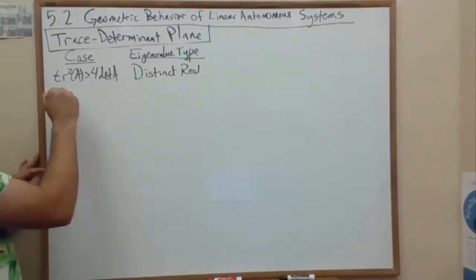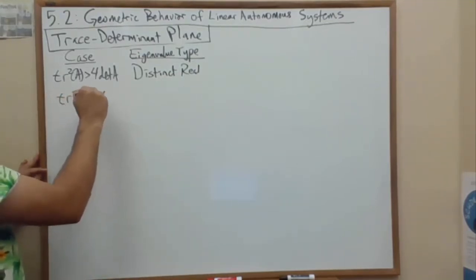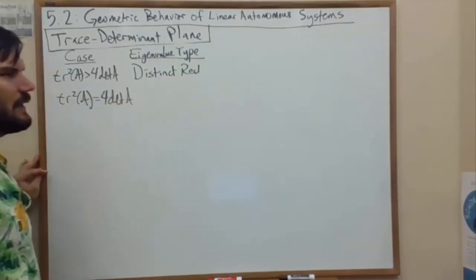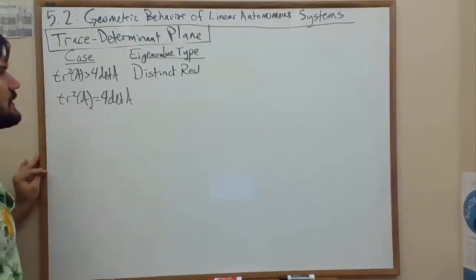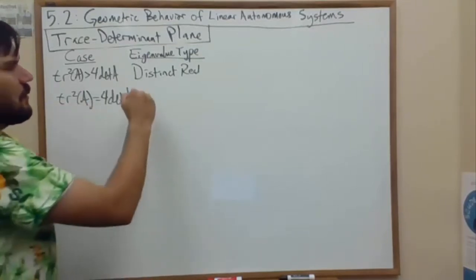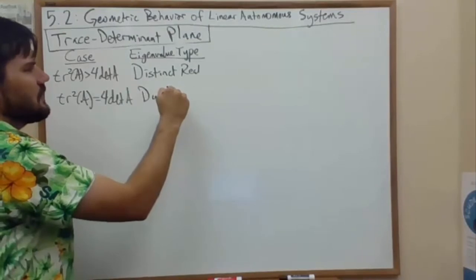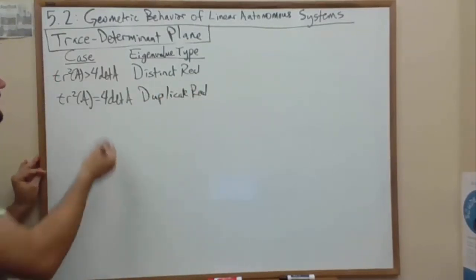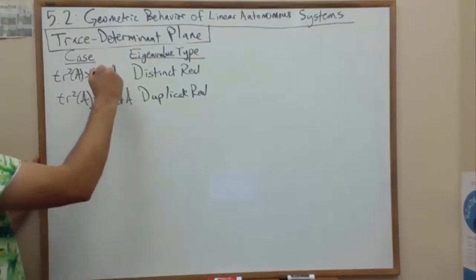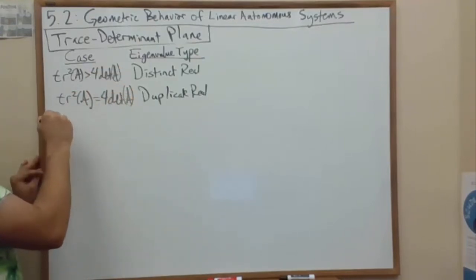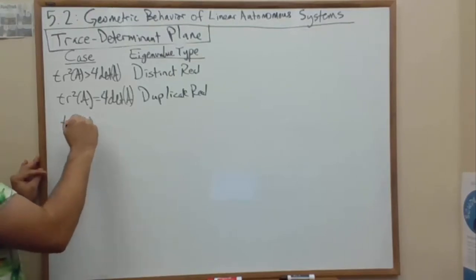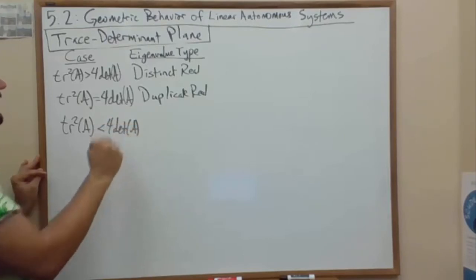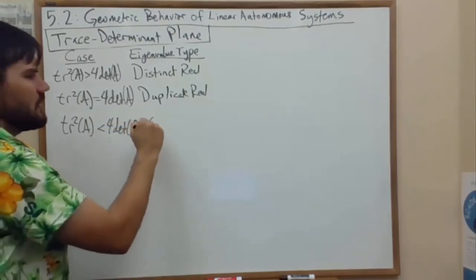Then we had trace squared of A equals 4 determinant of A. This was the currently case 3, previously case 2, so we'll just put it second, with the duplicate real eigenvalues. And then we have the trace squared of A being less than 4 times the determinant of A. And that's where we have the complex conjugates.